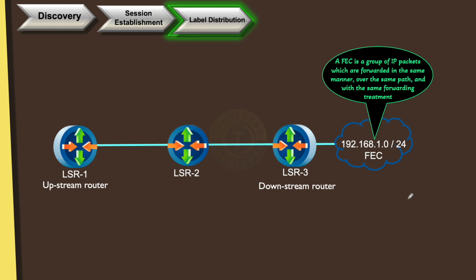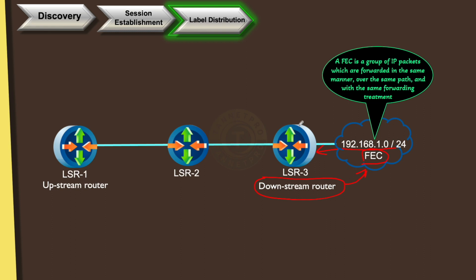would be the same, right? Now what about the LSR upstream router, and what about the downstream router? Always upstream and downstream are considered based on the FEC. The router which is closer to this FEC is always called the downstream, right? So it is closer, it is down toward this FEC or these prefixes. Hope you understand.